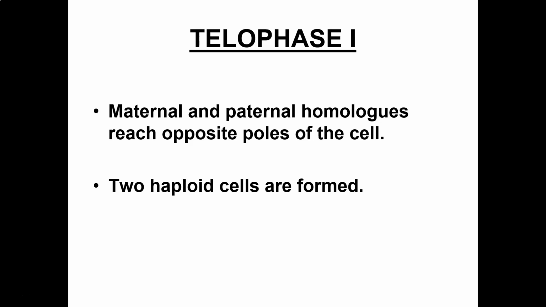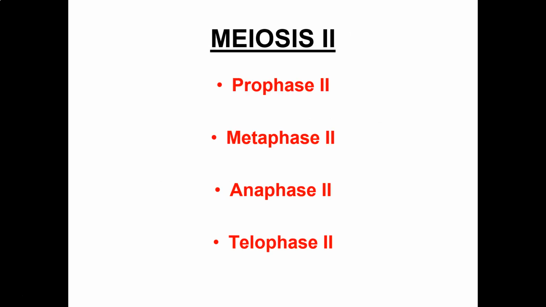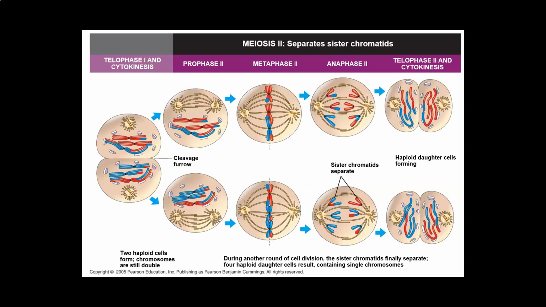So the maternal and paternal homologous chromosomes reach opposite poles, and now the cell pinches in 2, and we call those haploid cells because they have only half of the diploid number. Okay, and then we have meiosis 2, which has, notice, the same 4 phases: prophase, metaphase, anaphase, telophase. And this one is quite similar to mitosis.